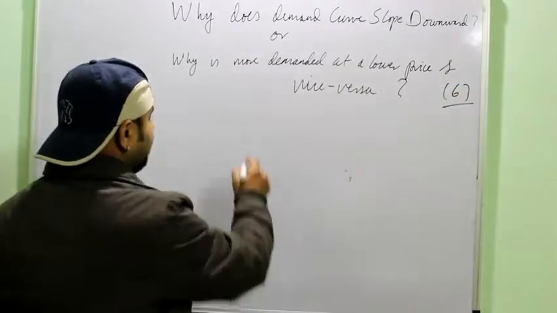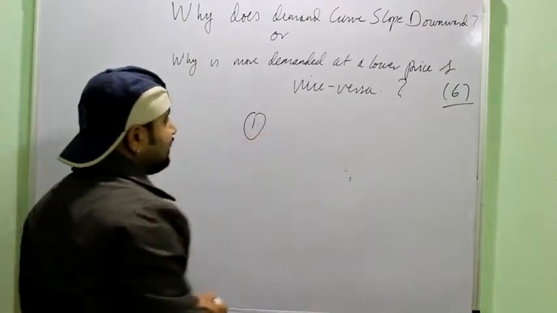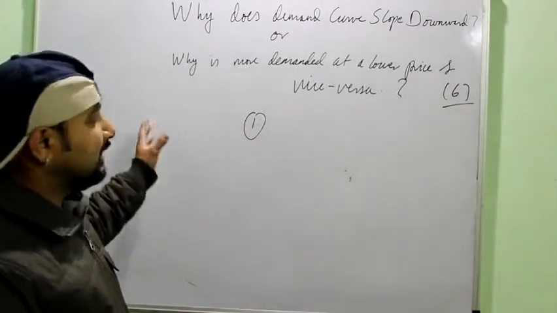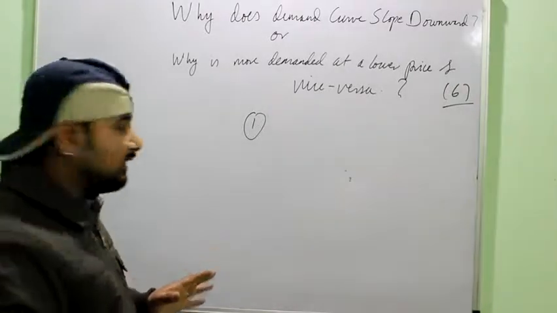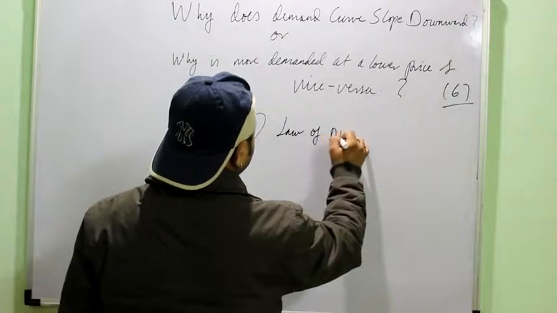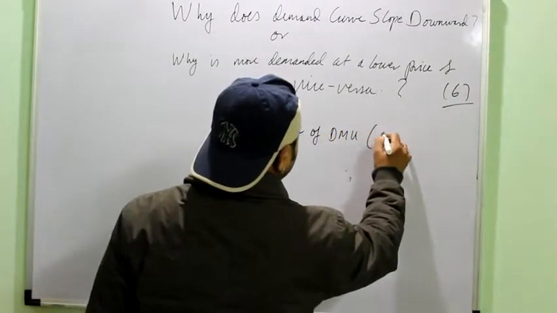Okay, there are 4 important points. What we have to do is prove the law of demand. We have to prove that if price increases, demand will decrease, right? First is the law of DMU. It is related to the one commodity case.